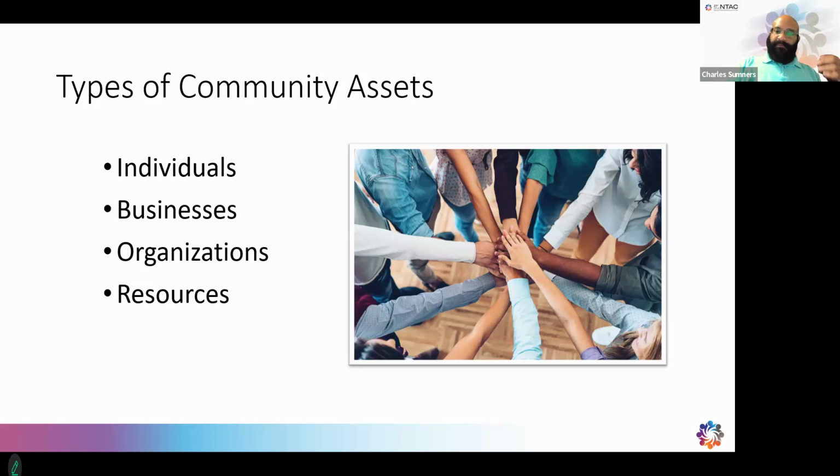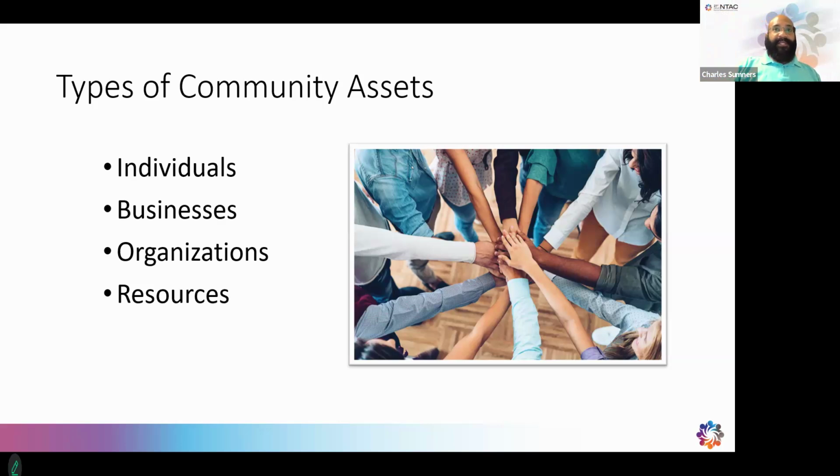Physical, instructional, membership, technological resources that might be available to you either through your partnered educational institution, or they might be free resources. It could be a local park that's close to where you're holding your out of school time program. So it's really important to think about and envision the different types of assets that you have.